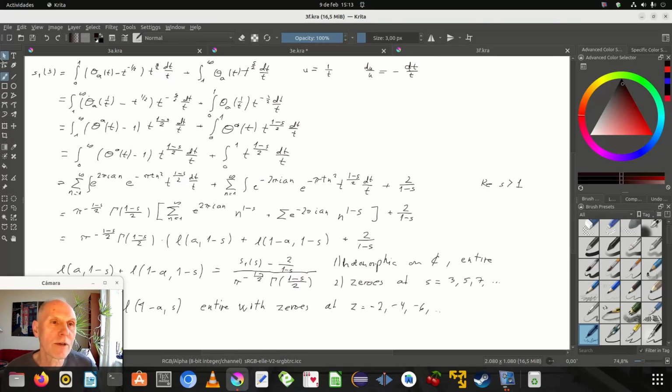For the next one, we write up the definition of S1, and then we make the usual transformation. So this becomes from 1 to infinity, and this from 0 to unity. And then we use the transformation formula.